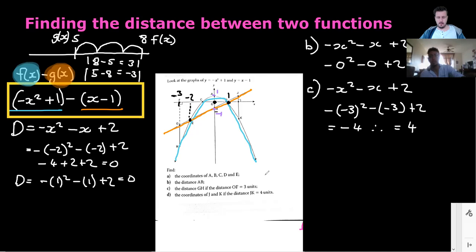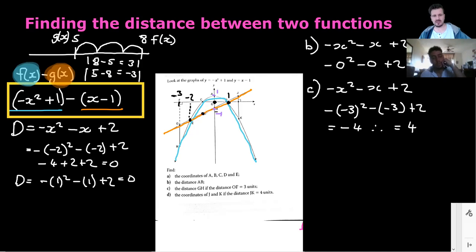This method of finding the distance between the two functions works at any point on the graph. All you need to do is sub in the x value, and it's got to be a straight line down, a vertical line. So it won't work if we try to do this, because it's different x values.